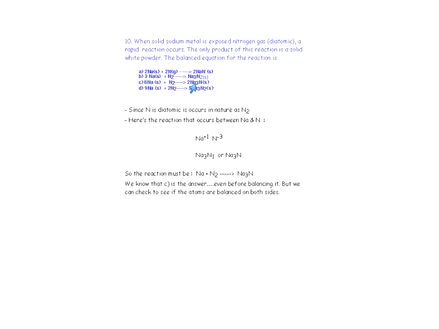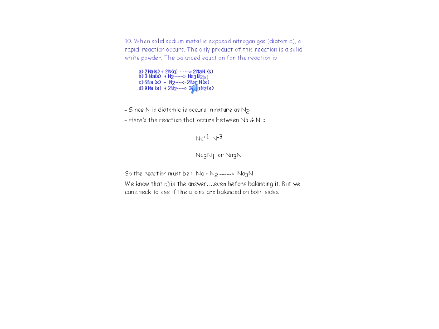So even though this question is saying, what's the balanced equation, we actually don't even need to know what the balanced equation is because this is the only one that has Na3N, which is the correct compound. Okay, we could check though, since it's saying balanced equation. We see 6 Nas on this side, Na3, and 3 times 2 is 6, so 6 Nas on this side, 2 Ns on this side, and we have 2 times the N here, so 2 Ns.